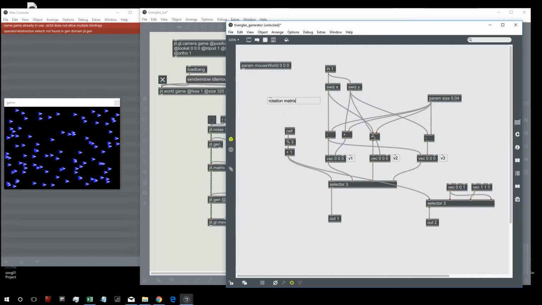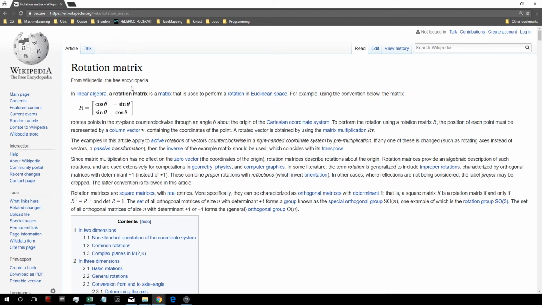If we go into Wikipedia and look for rotation matrix, we get the formula for this matrix that will give us a rotation in a two-dimensional space.